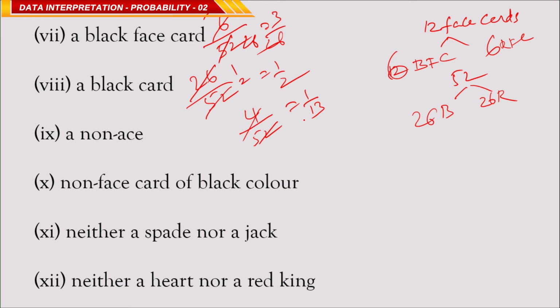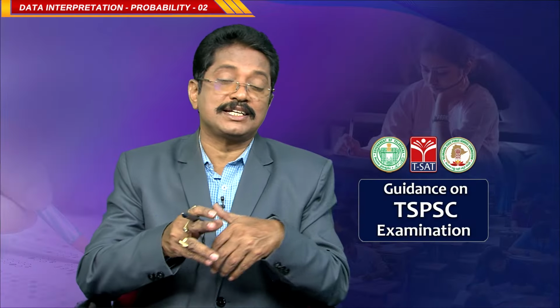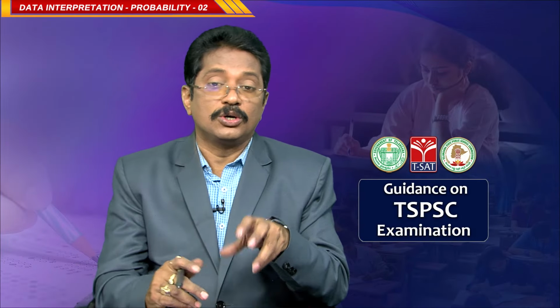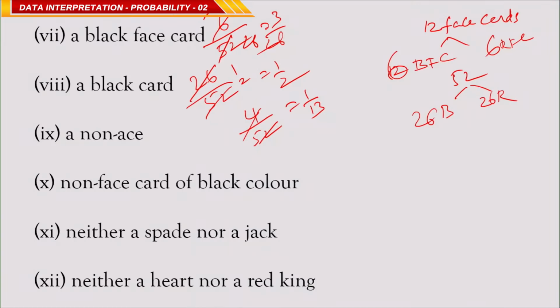But it is a non-ace. So, getting an ace card and getting a non-ace card both are complementary to each other. Am I correct or not? So, getting non-ace card means 1 minus 1 by 13, which is 12 by 13. Correct? This is the probability of getting a non-ace card.